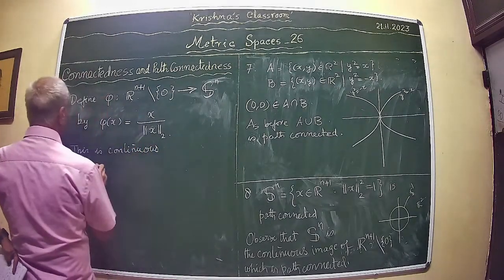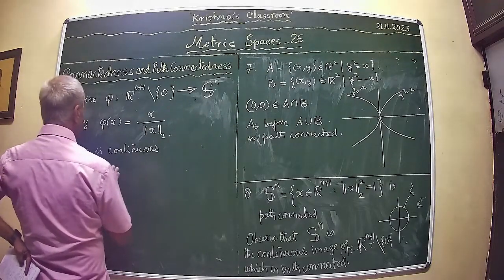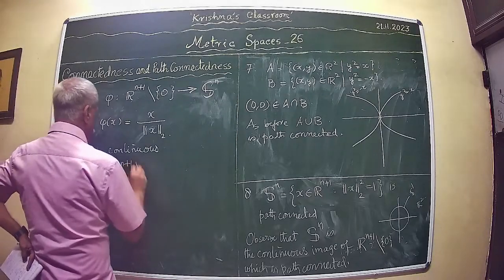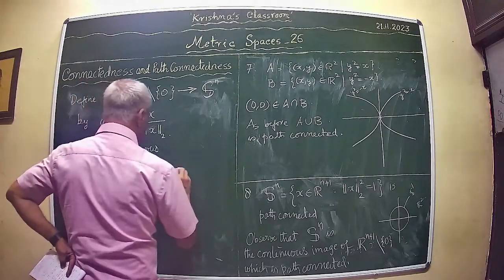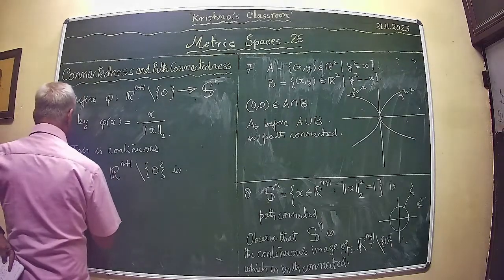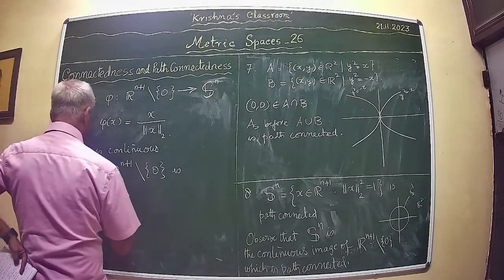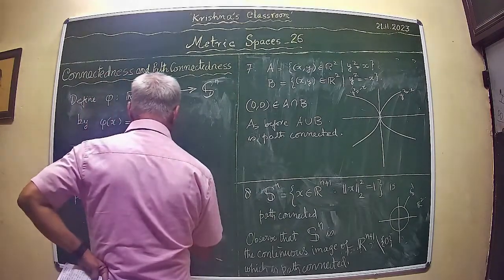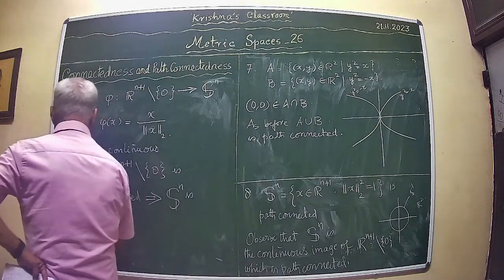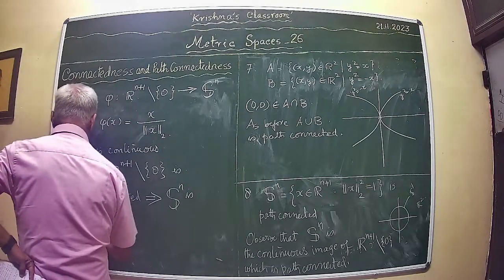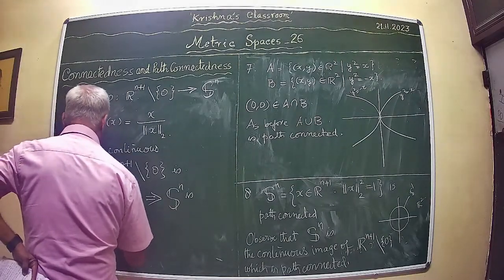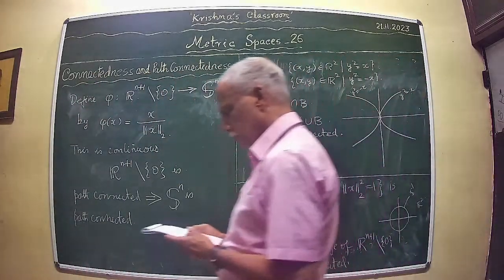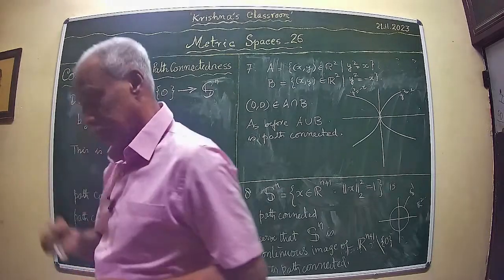And it's a map from R n plus 1 minus 0 onto Sn, and R n plus 1 minus 0 is path connected, which implies Sn is path connected. That's the proof of that. So that's very simple. Okay, so we prove a theorem.